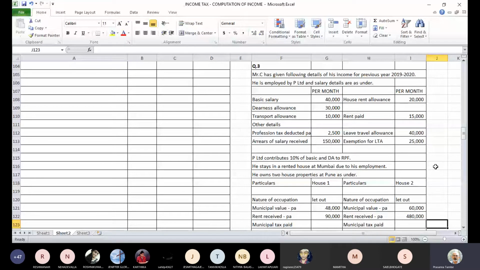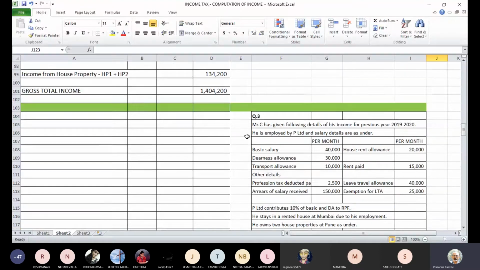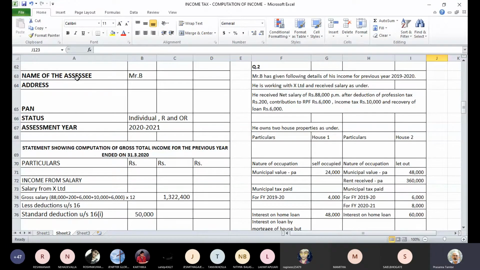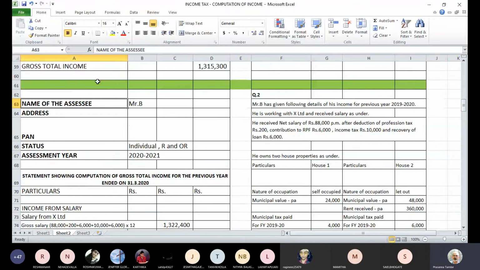Let us begin with income from salary first, and then we will go to the income from house property. So we will prepare the computation in the usual format. So let us begin with this format.